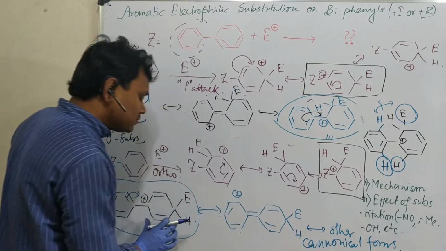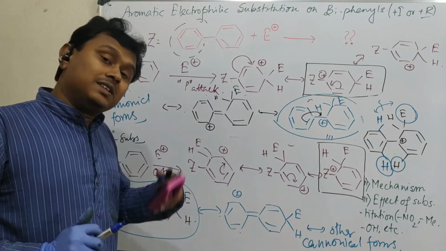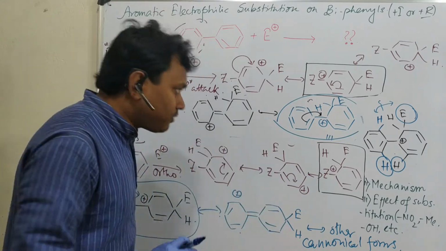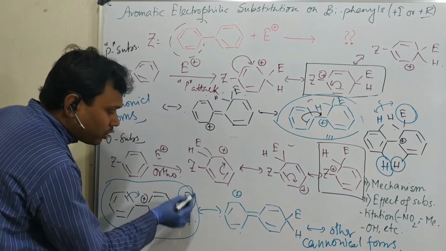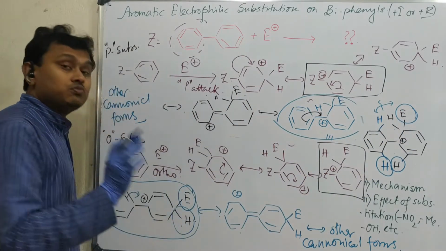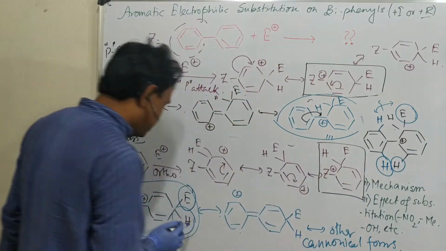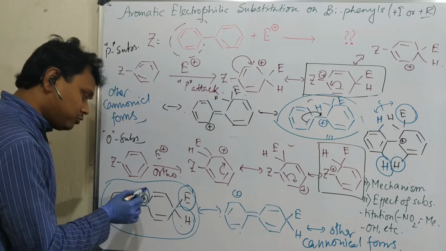We have to consider the stabilization and destabilization factors, and at the end we will conclude which one is more stable. This is not present here, so from that point of view, this is more stable. Second, you can see this is an ortho-benzoquinone derivative. This is para, because the positive charge at this position will be stabilized.